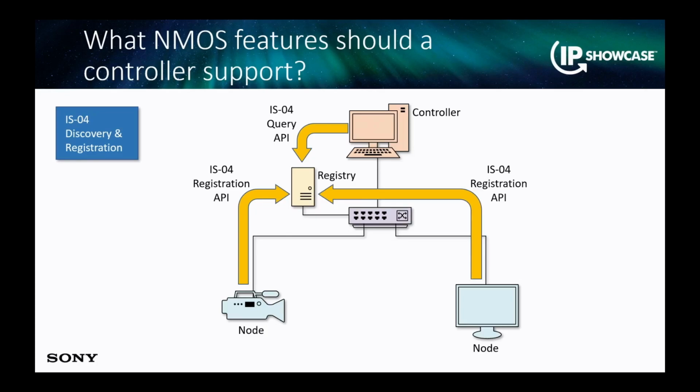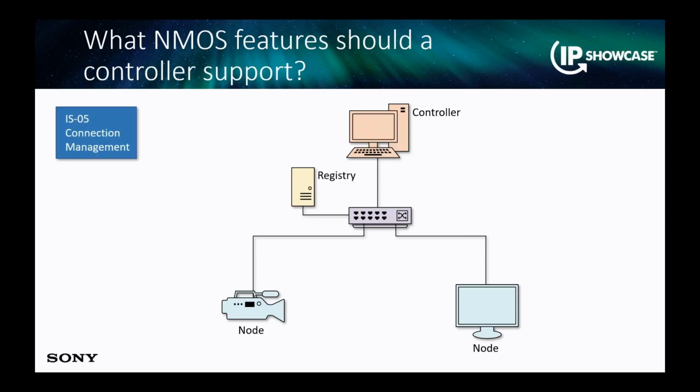And then where it really gets interesting is the controller can then make connections between those nodes on the network to actually basically do the routing on your IP media network. And to do that, using its list of nodes that it's already got, it can choose to talk to the sending node first using the IS-05 connection API.